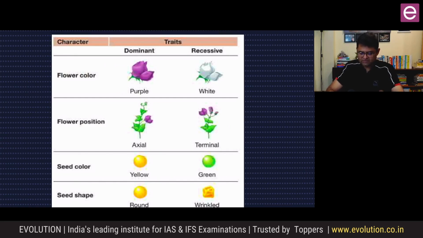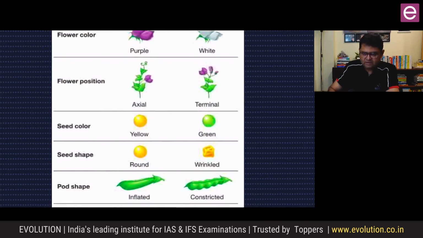So, purple flowers are dominant, recessive is white. The position of flower, if it takes place laterally on the stem or the branch, that is called axial, that is dominant, and terminal, that is at the tip of the stem or the branch, that is recessive.